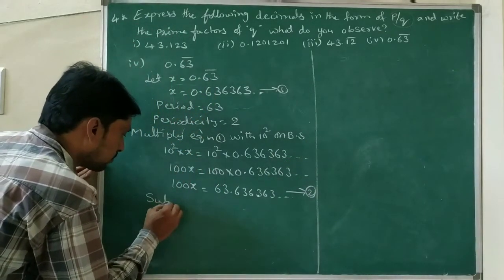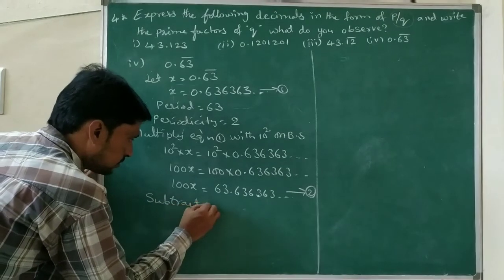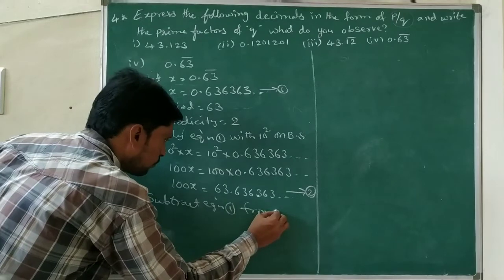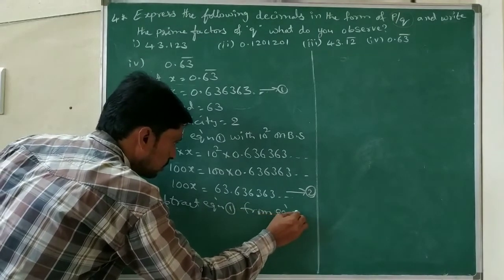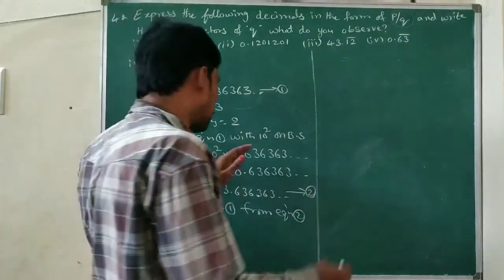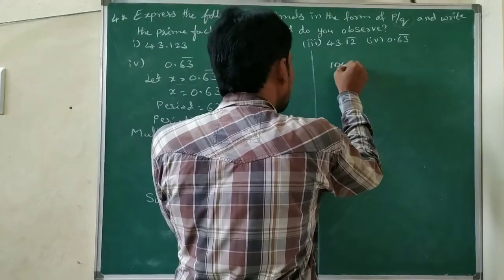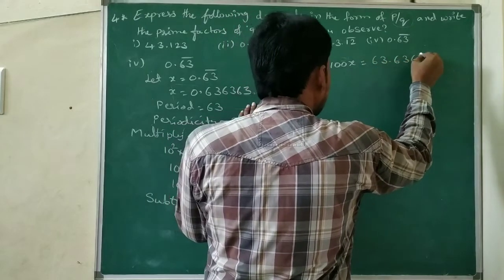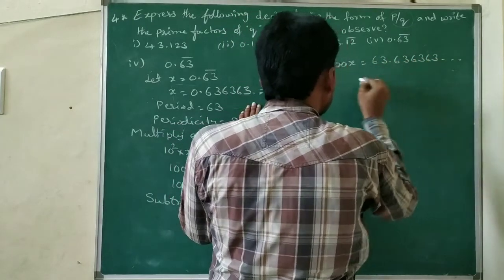Now we can subtract equation 1 from equation 2. So the second equation minus the first equation. The second equation is 100x equal 63.636363 and so on.